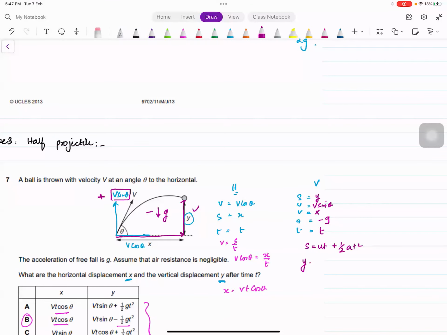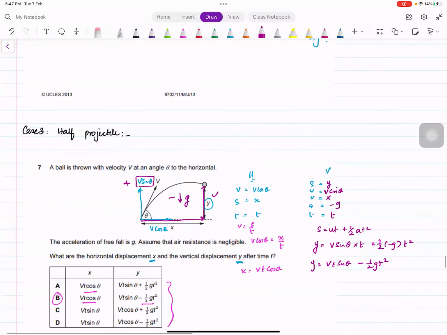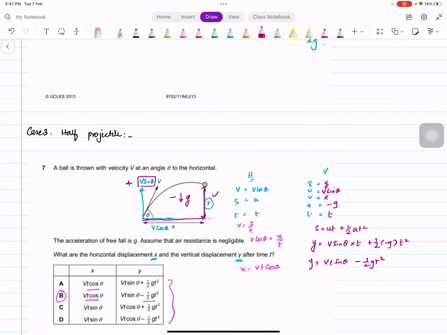This will be y. This will be v sine theta times t plus half minus g and t squared. So y will be vt sine theta minus half gt squared. You understand? Yes. Okay, good.